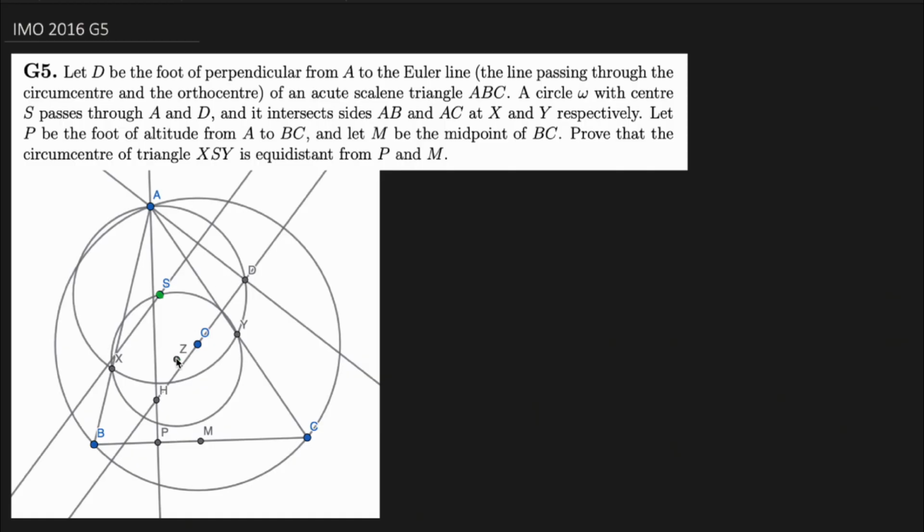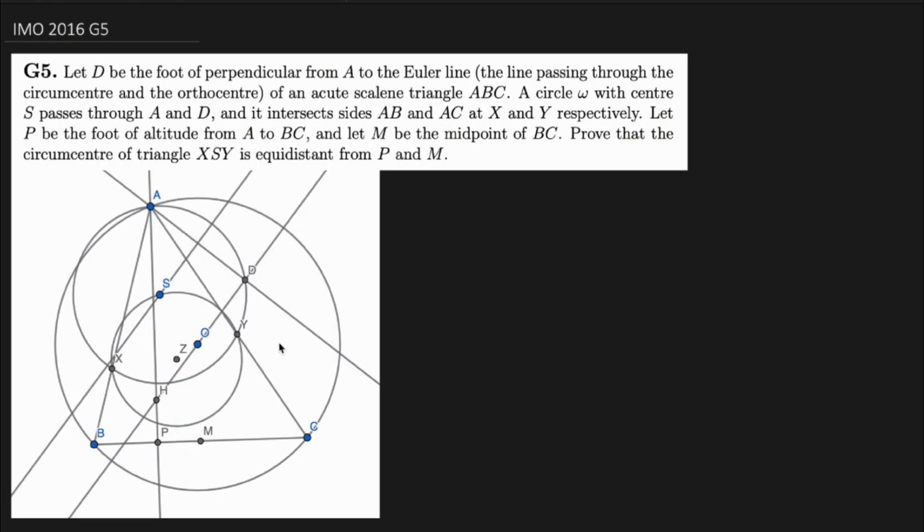And then we can have the point Z after the ×2 homothety. Since Z should lie on the perpendicular bisector of PM, this line should map to the perpendicular bisector of BC, the line passing through M that's perpendicular to BC, which is actually also just OM here. Okay, so that's pretty cool.